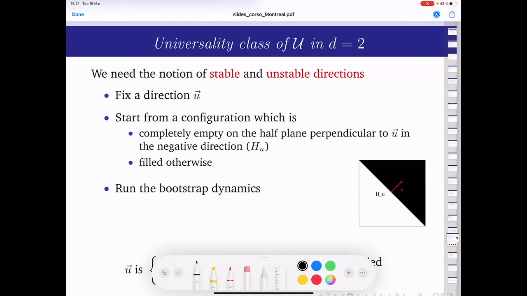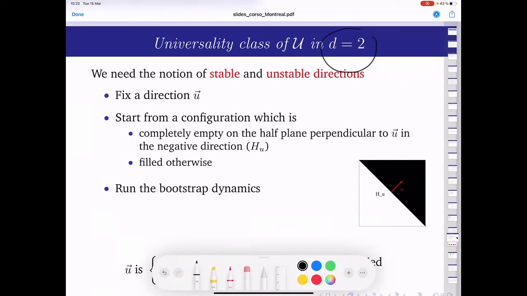So in order to understand the universality classes for these kinetically constrained models, we have first to understand those for bootstrap percolation, which are well understood, and then we will be able to understand ours. So first of all, I need the geometric notion of stable and unstable direction. I'm in 2 dimensions here. I will stay in 2 dimensions for the rest of today because today is almost finished.